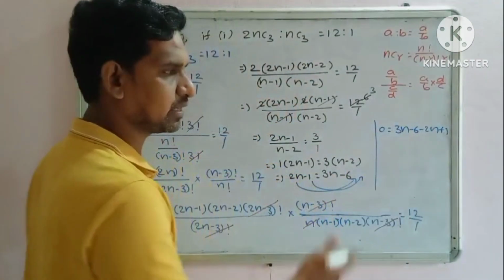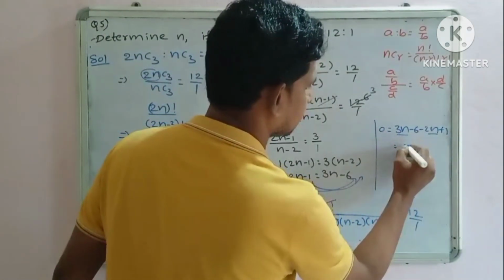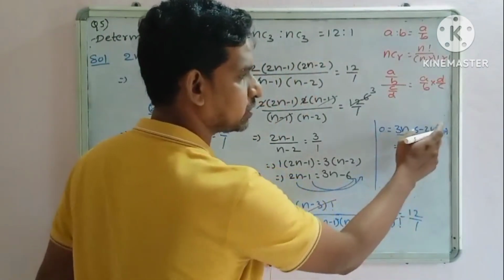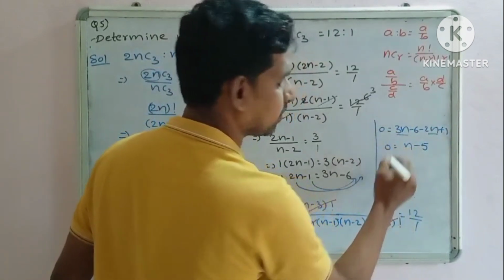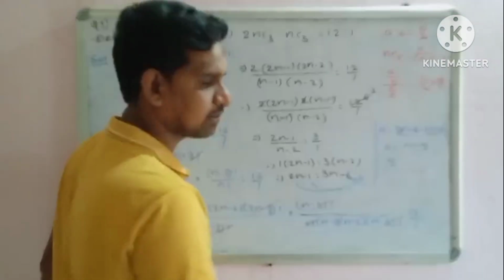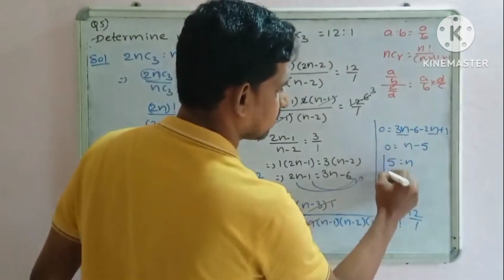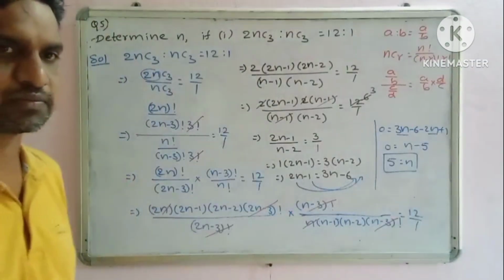Left-hand side 0 is there. 3n minus 2n is n. Minus 6 plus 1 is minus 5 equals 0. Minus 5 transposes to the left side, plus 5 equals n. Therefore, the value of n is 5.